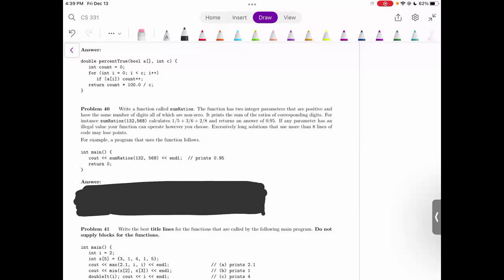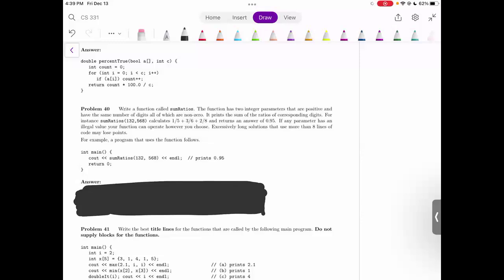For instance, sum ratios 1, 3, 2, 5, 6, 8 calculates 1/5 plus 3/6 plus 2/8 and returns the answer of 0.95. If the parameter has an illegal value, your function can operate however you choose. Functions more than 8 lines of code will lose points.